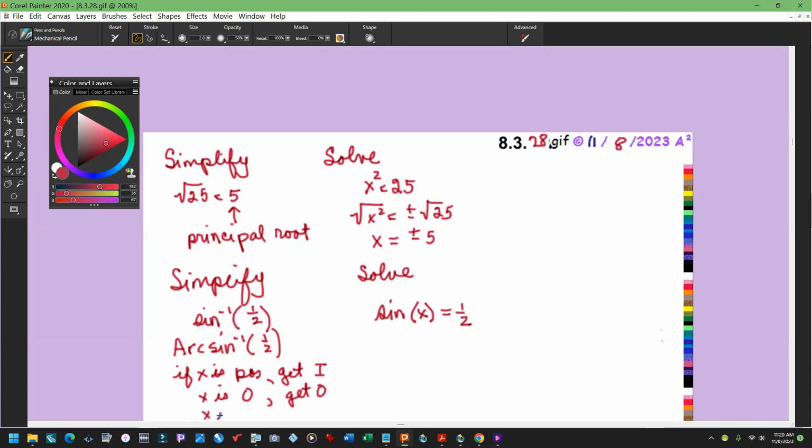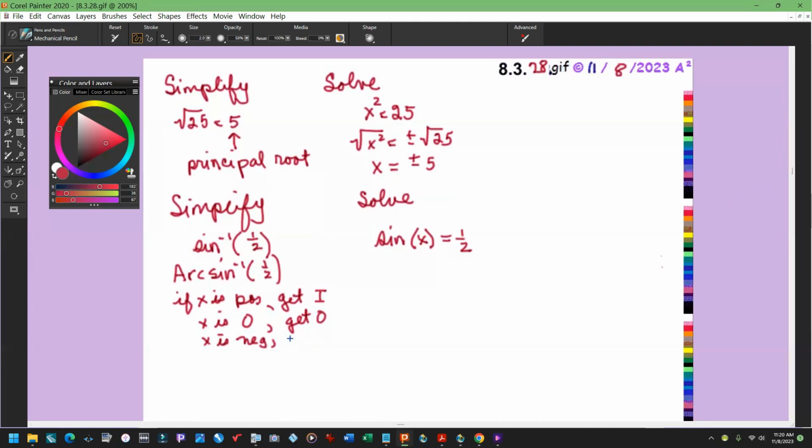And if x is negative, you get a negative first quadrant angle, what I call the fourth quadrant, measured clockwise. That's how you simplify. You get one answer.